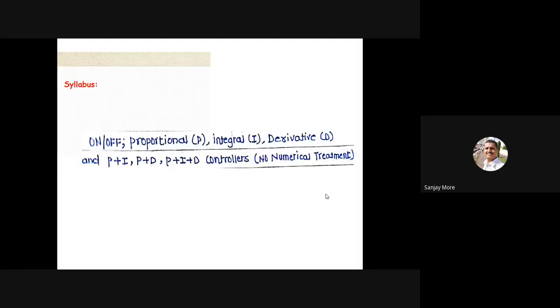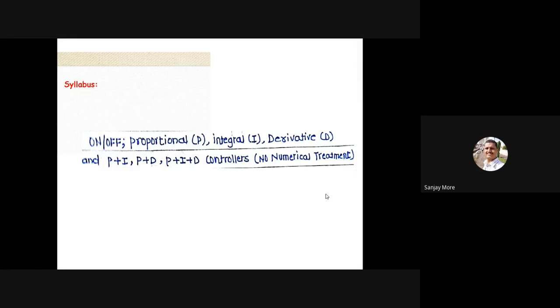Here is the syllabus. First one is on off controller, then proportional P, then integral I, then derivative D. These are the proportional controller, integral controller, and derivative controller. Then P plus I, proportional plus integral controller. Then P plus D means proportional plus derivative controller.